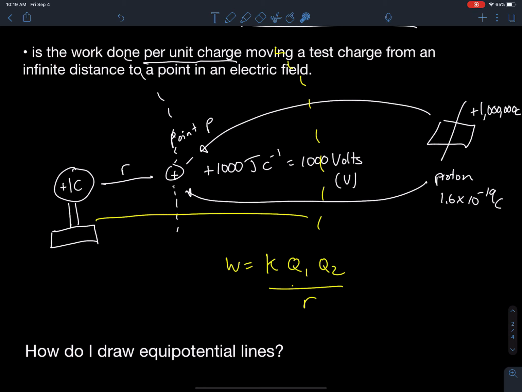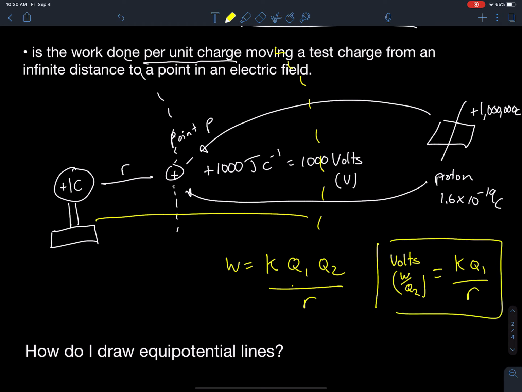Which of these charges do I move? Imagine that's Q1 and that's Q2. Well, Q2 is the moving object, so I'd have to move Q2 over to this side. So in order to get volts, which is work over charge, it's going to be Q1 over R.